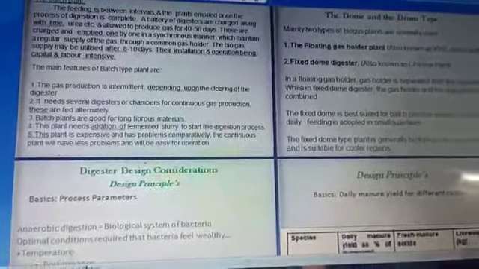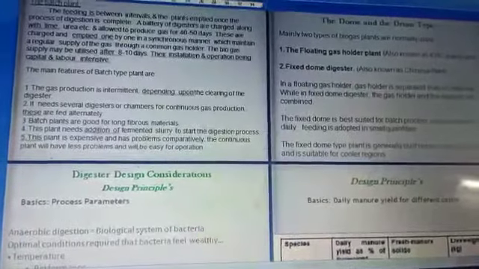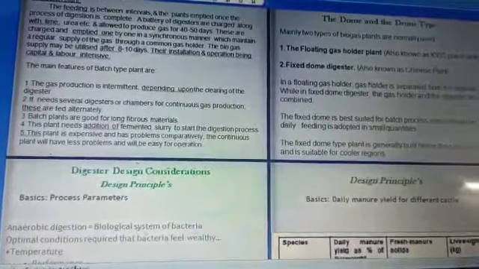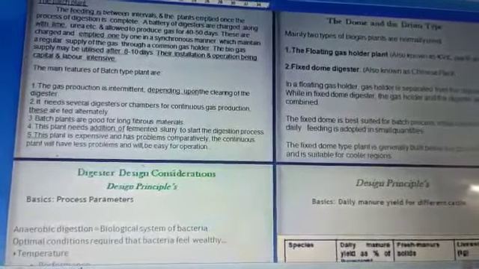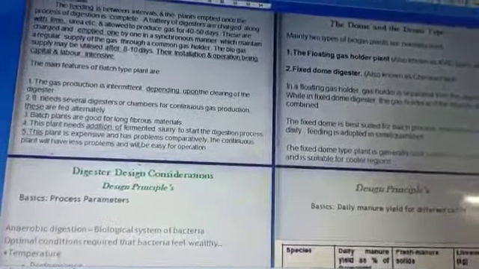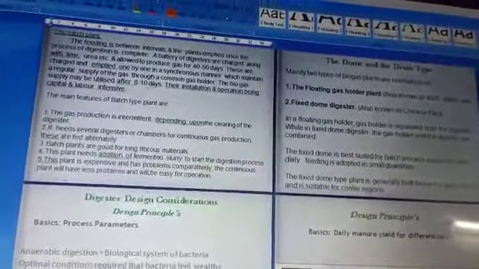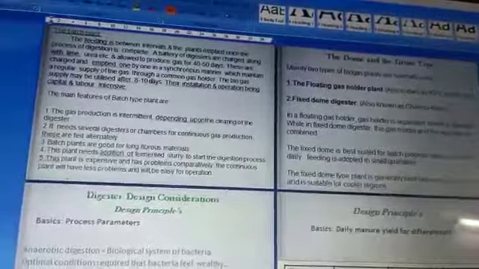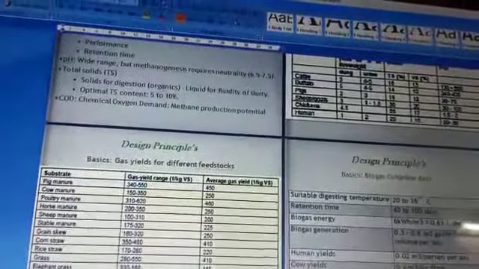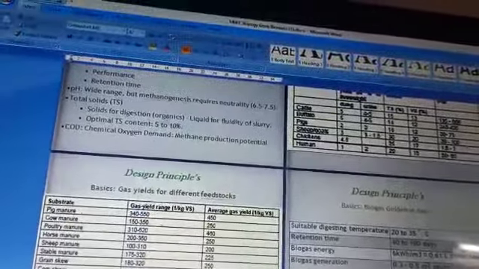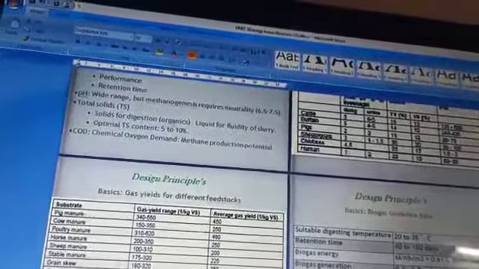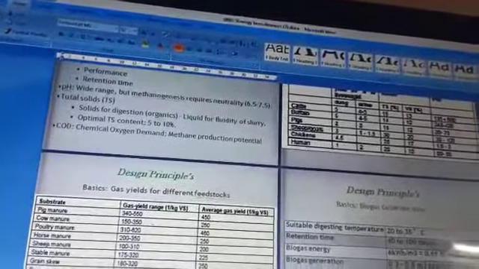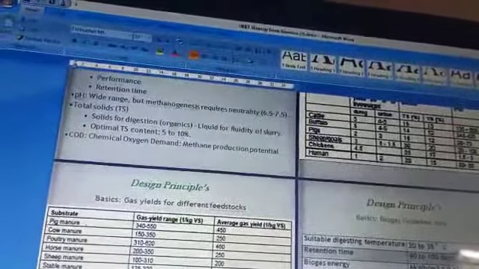How the digester design principle is considered: you will see whether it is anaerobic digestion or aerobic digestion based upon the bacteria, and optimal conditions like temperature and pH values are taken into consideration, and the requirements of bacteria like methanogenesis, performance, retention time, solid digestion, liquid, or optimal TS.